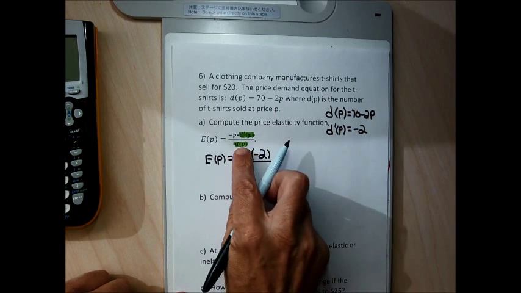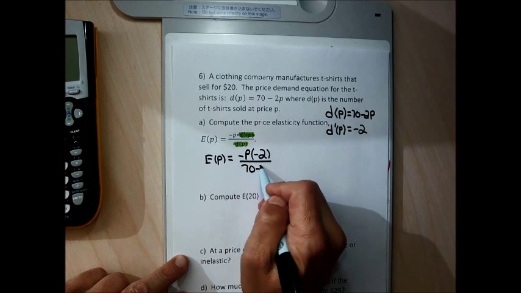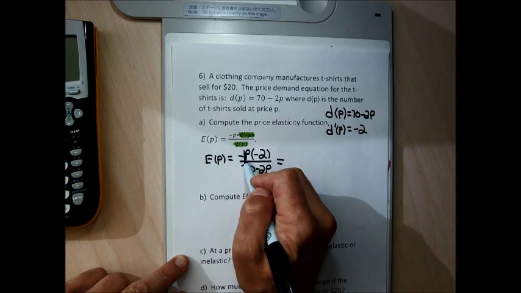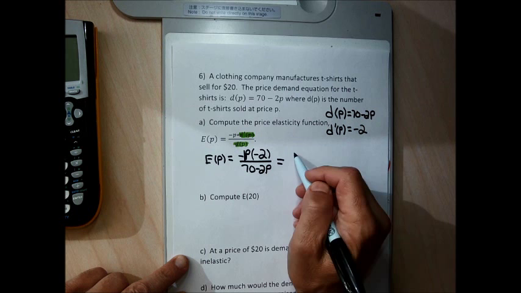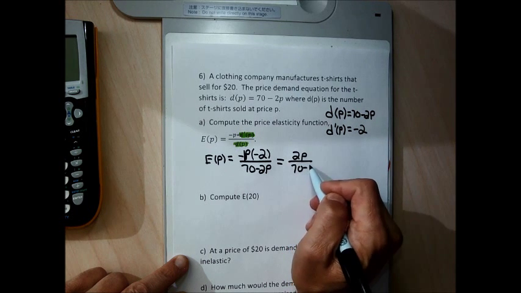In the denominator, I'm asked to put D of p, which is 70 minus 2p. I can simplify this numerator if I think of this as negative 1p times negative 2, and that will be positive 2p over 70 minus 2p.